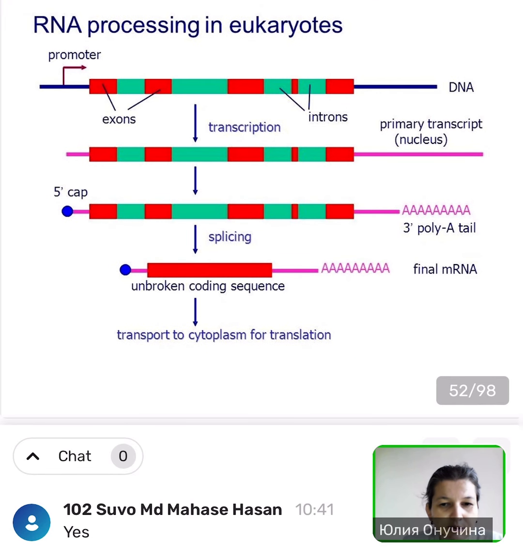About processing. The first, removing of introns. You see red exons, blue introns. In our organism, there are enzymes called endonucleases. They will remove these introns, and other enzymes, ligases, will connect exons together.